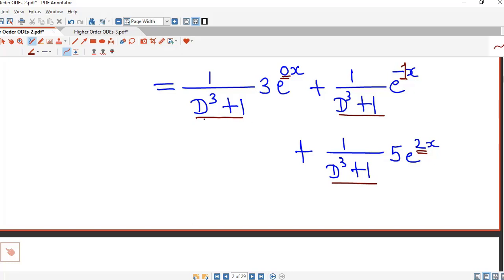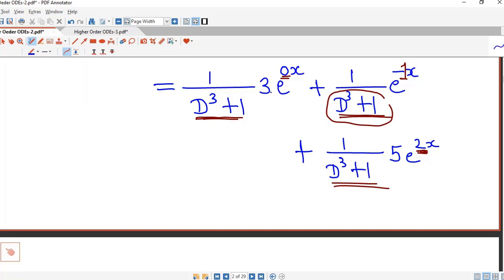So if I put d equal to 0 here, I will obtain 0 plus 1, that is 1, so that remains non-zero. If I put d equal to 2 here, I will have 8 plus 1, that is 9, which is also non-zero. But this will become 0 if I put d equal to -1. So here I will differentiate this with respect to d and multiply by x, and keep other things as I discussed.